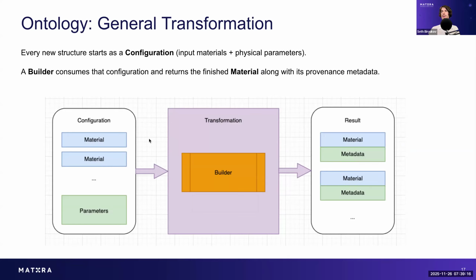For example, if you want to create a slab, we want to start with the bulk material, provide parameters of the target structure, for example, Miller indices, thickness, vacuum thickness, etc. Then we would take a builder, slab builder in this case. Builder applied to the configuration yields result, which is a material, a surface in this case, with the metadata of the transformation stored for provenance.